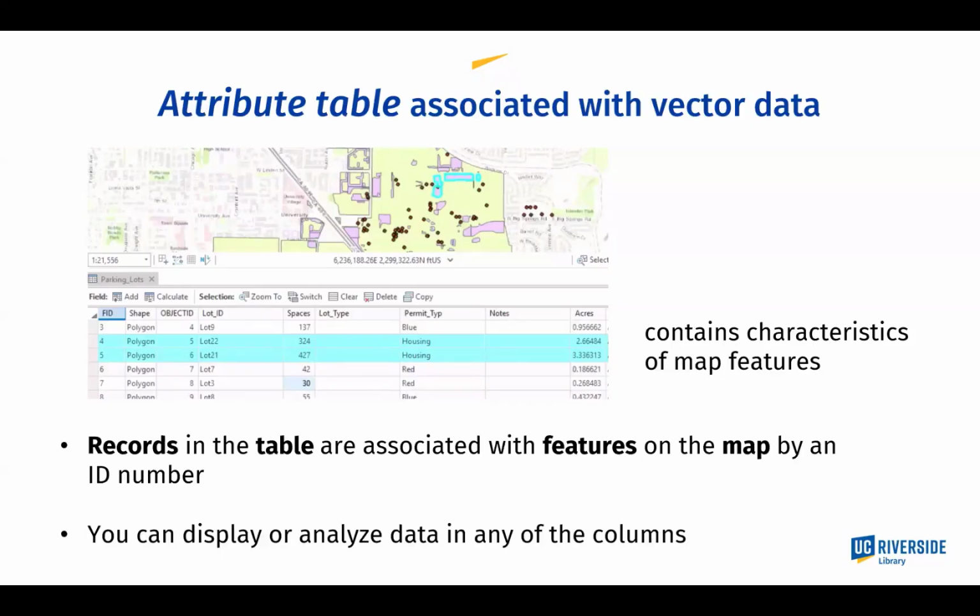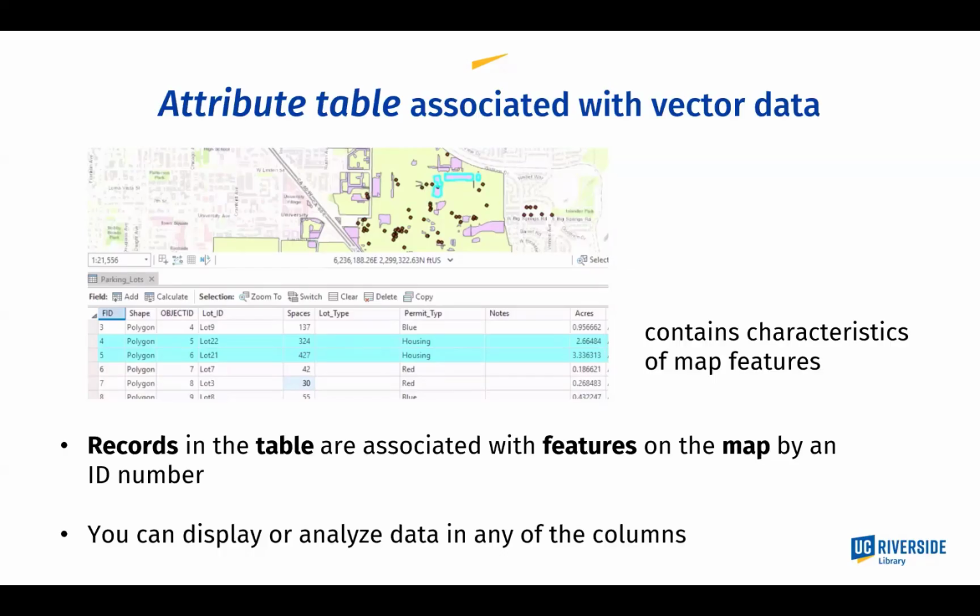And the cool thing about it is that the attribute table contains characteristics of the map features. In this example, we're looking at an excerpt from the campus map from a few years ago for UCR, and we're looking at parking lots. As you can see, I've got a couple of rows in the attribute table highlighted, and those same corresponding parking lots are highlighted on the map. And you can see there's different types of data we have about the parking lots, whether it's the ID or the spaces, anything like that.